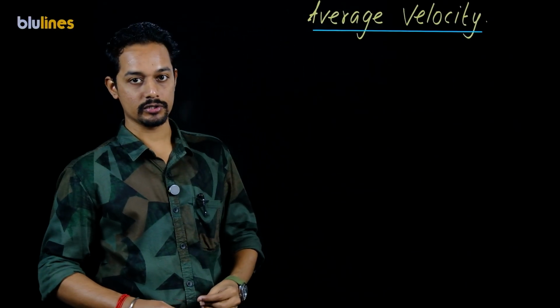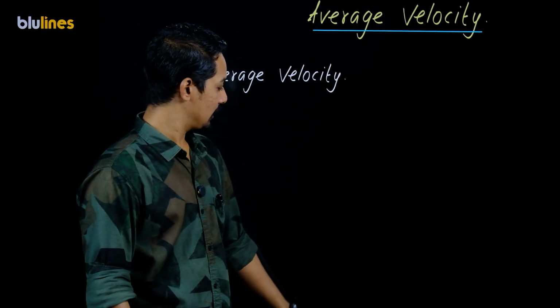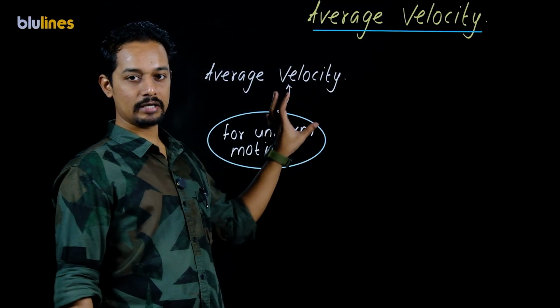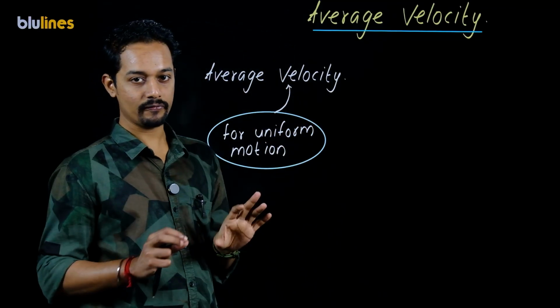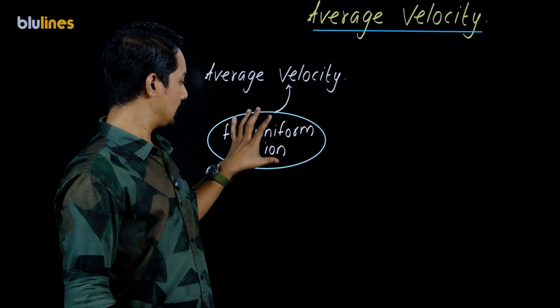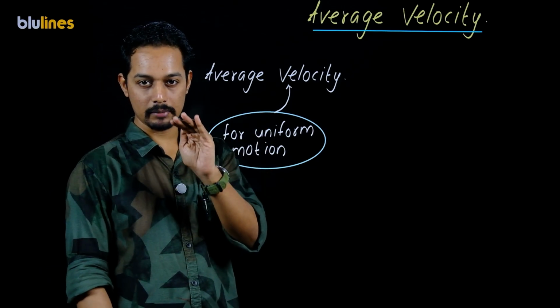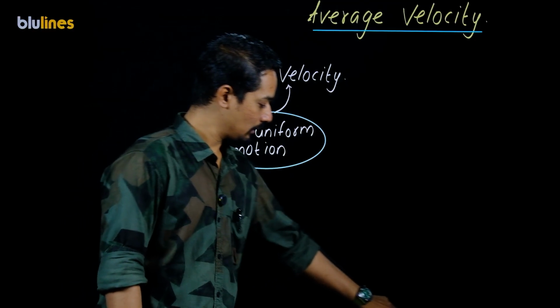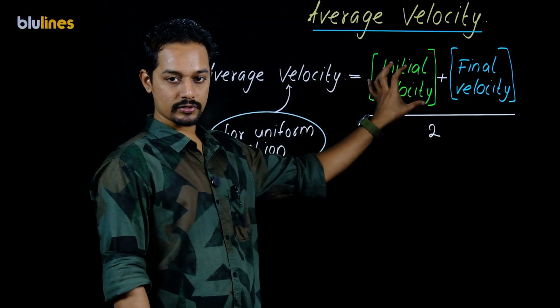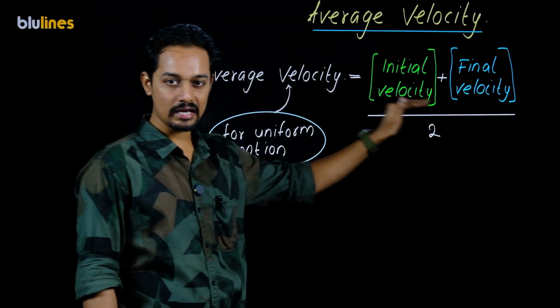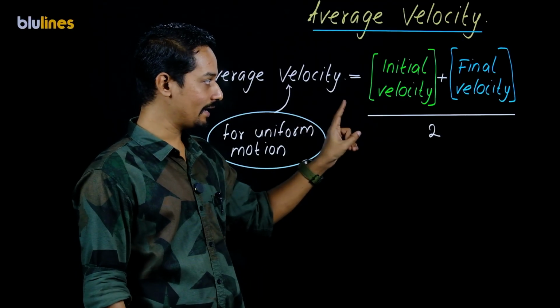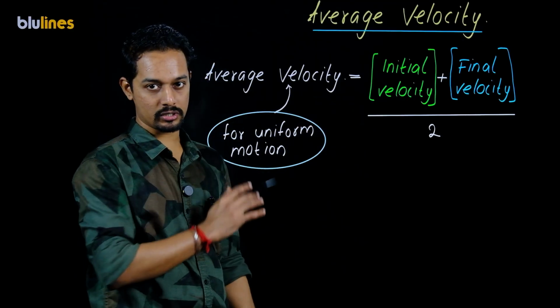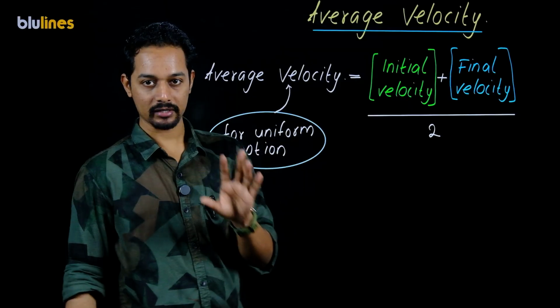And average velocity. So we will give you a formula. This formula is specifically applicable for situations where the motion is uniform. That is, initial velocity plus final velocity divided by 2. Remember, this formula is applicable only for uniform motion. For non-uniform motion, we will have some other formula.